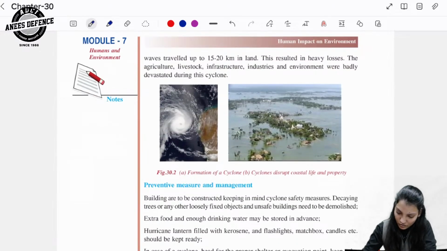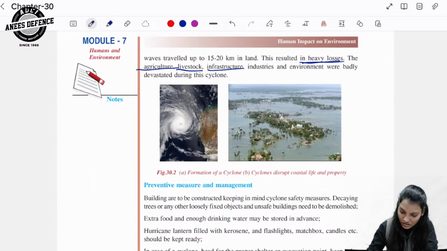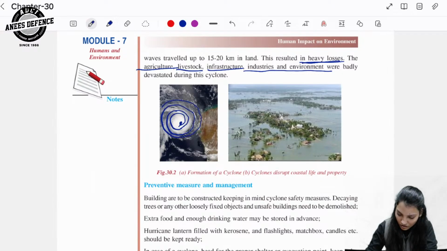What are the impacts of cyclone? Heavy losses occurred to agriculture, livestock, infrastructure, industries, and the environment, which were badly devastated during the super cyclone which came in Odisha. So you can see this here. This is the cyclone. A cyclone flows in the anti-clockwise direction, like this.